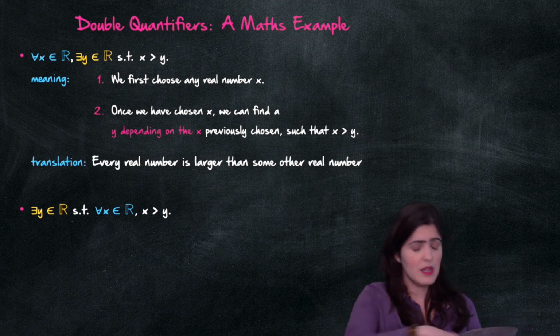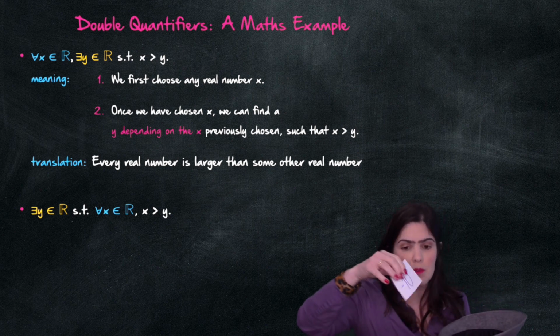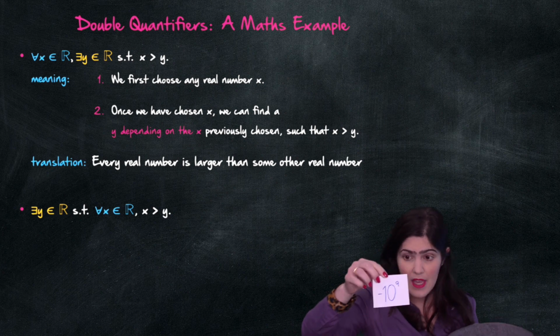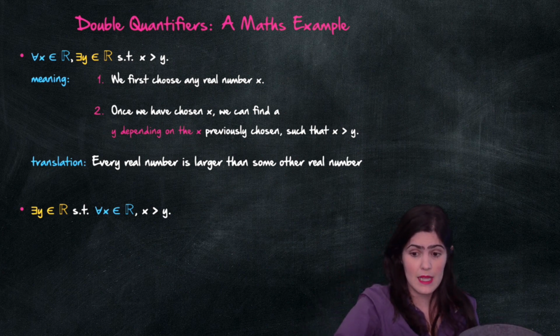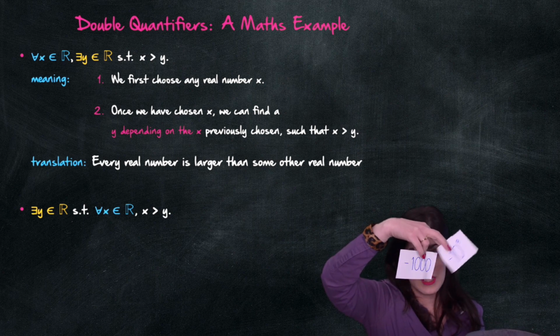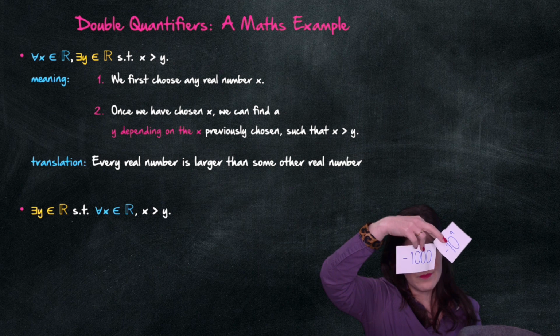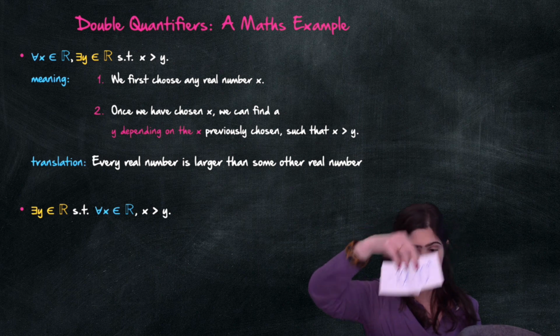Well, not really, because what if I give it another good shake, close my eyes and pick one at random? Oh, we got negative 10 to the power of 9. That is less than that. So my x, which is negative 10 to the power of 9, is less than my y. So that is not good for me.